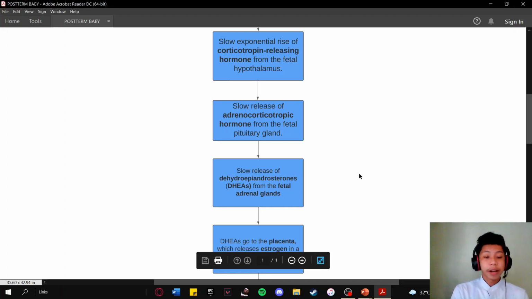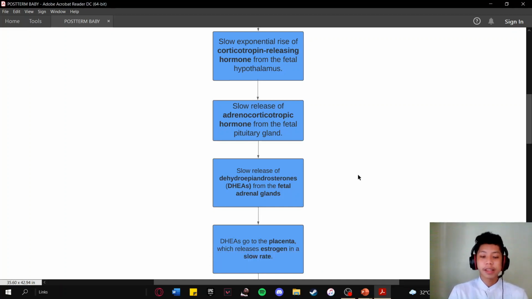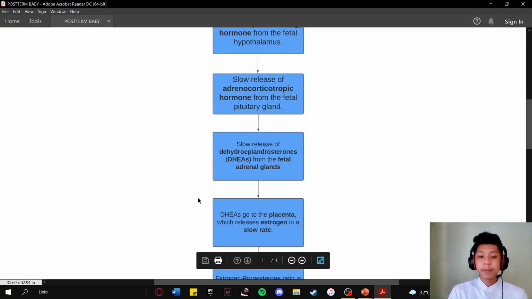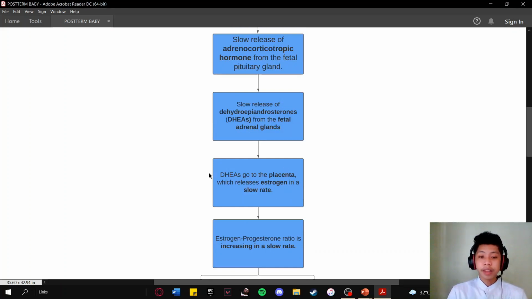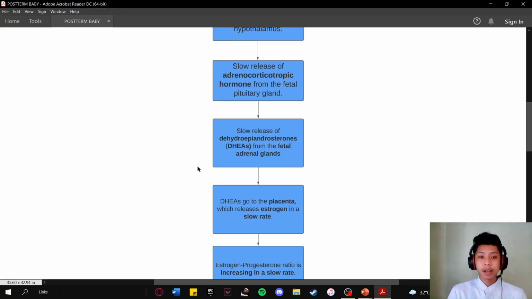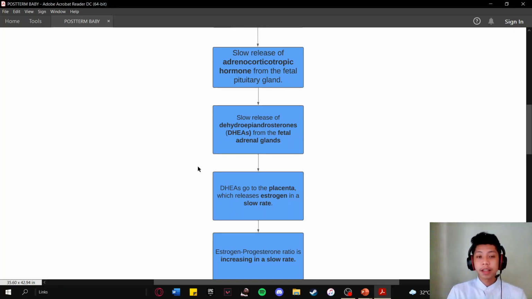Regardless if there is a slow, normal, or high rate of release of DHEAs, it will go to the placenta and signal the placenta to release estrogen inside the mother's body. But since DHEAs are slowly released, it signals the placenta to still release estrogen, but at a slow rate.